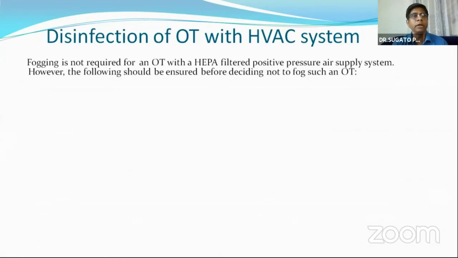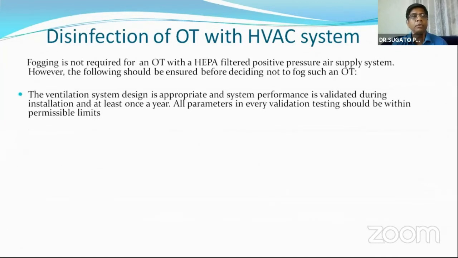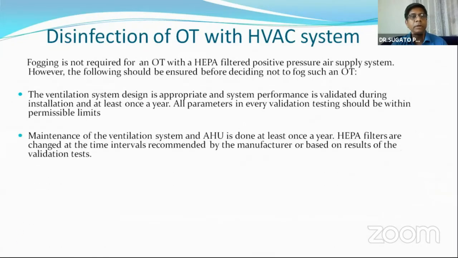As I've said, fogging is not required if we are using an HVAC system, but we have to make sure that the ventilation system design is appropriate and the system performance is validated during installation, and at least once a year. All the parameters in every validation test should be within the permissible limit. Maintenance of the ventilation system and AHU should be done at least once a year.